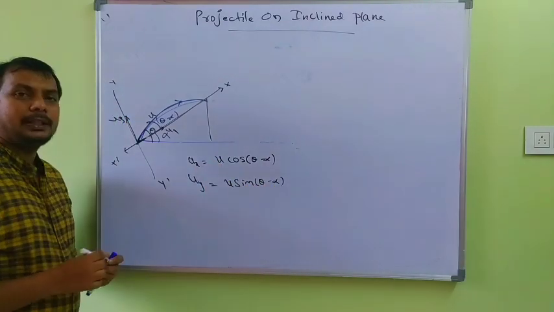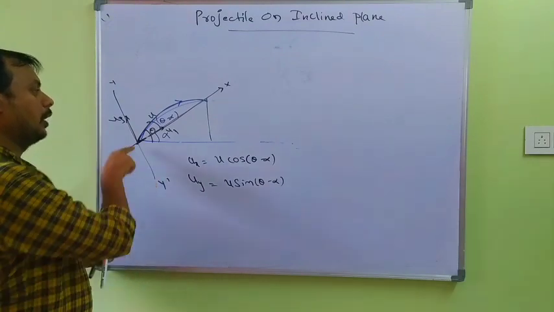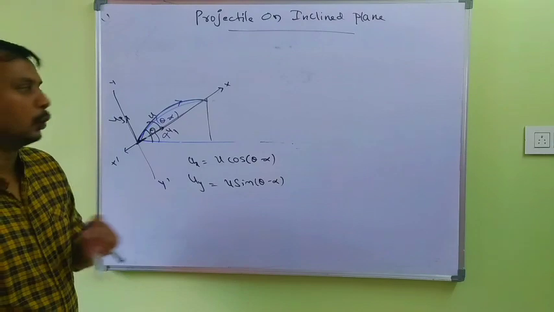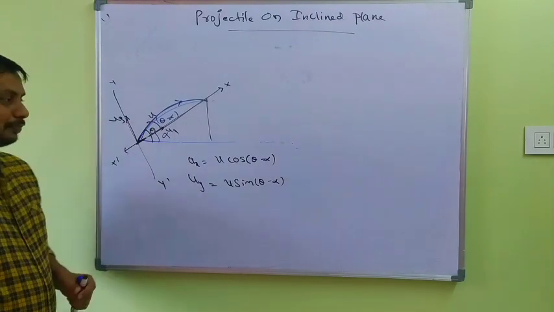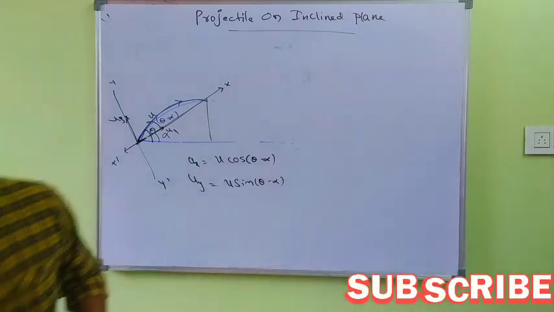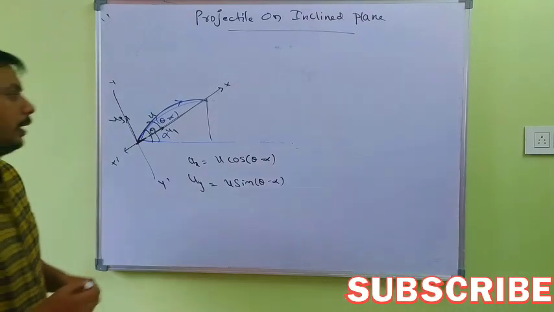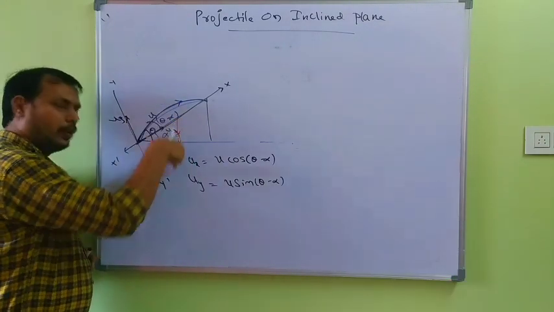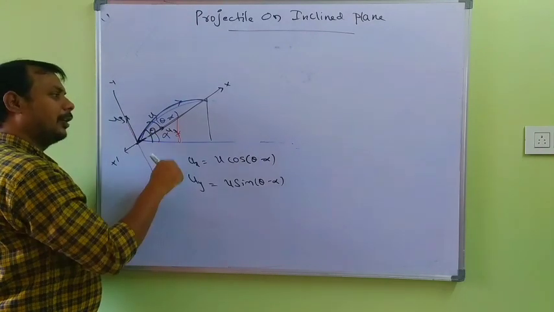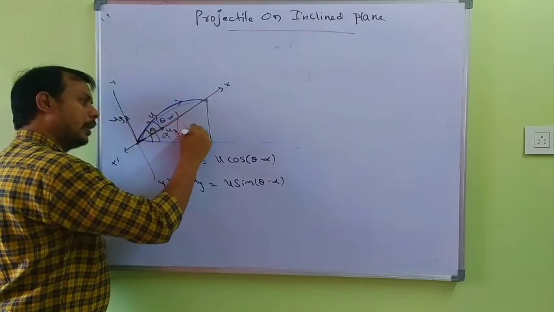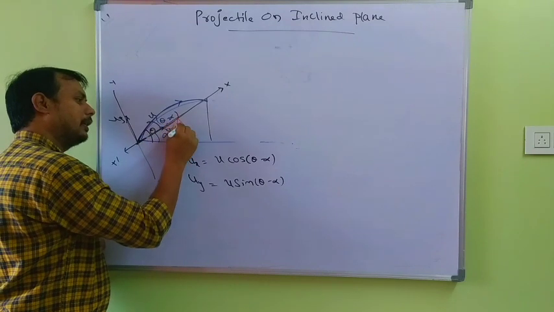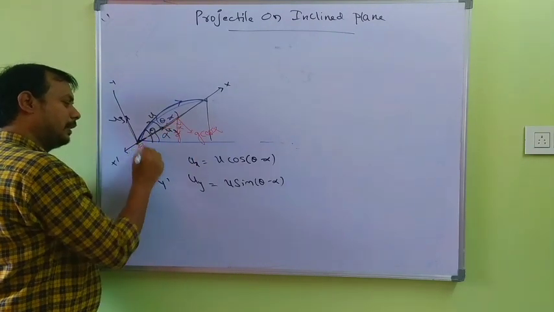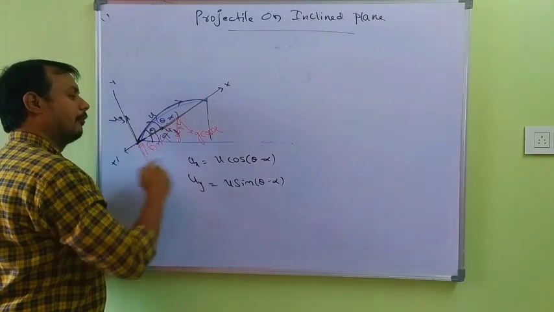So this is the initial velocity resolved into two components, ux as well as uy. Now the gravity g, right? g is always in the downward direction. Resolving into two components, horizontal and vertical, this is alpha, so this is g cos alpha and this is g sin alpha.